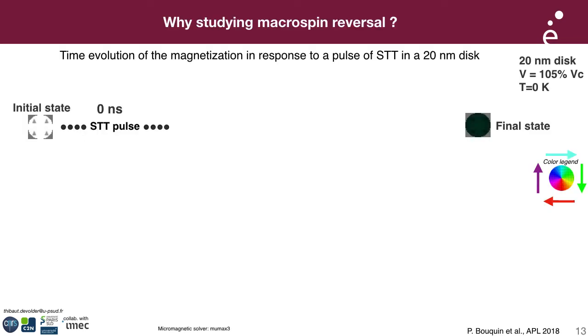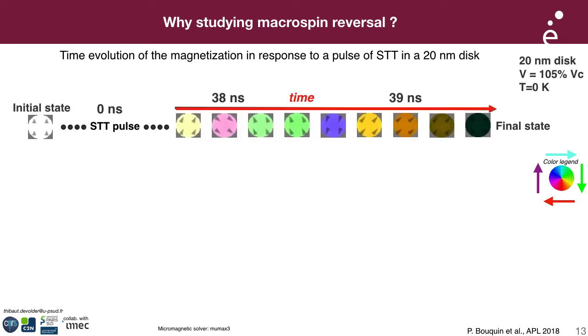If you want to study that, you do micromagnetic simulation, and let's do it for a start for a disk of 20 nanometer diameter, and I will apply a voltage that is just above the switching threshold at zero temperature to have the magnetization pass from white, which is pointing towards you, to black, which is pointing towards the blackboard. So we plug in the spin torque at time zero.